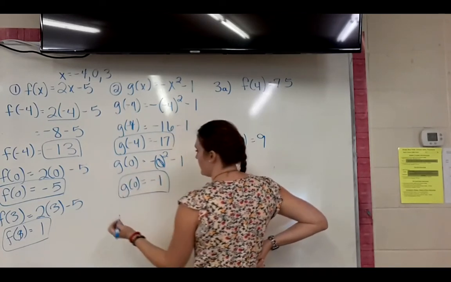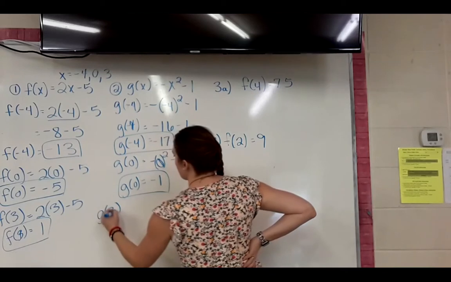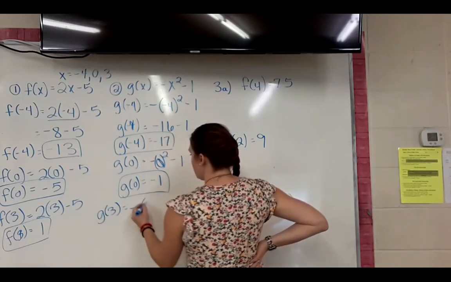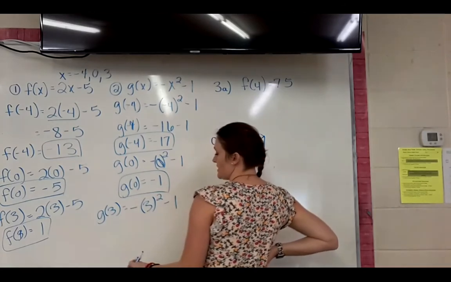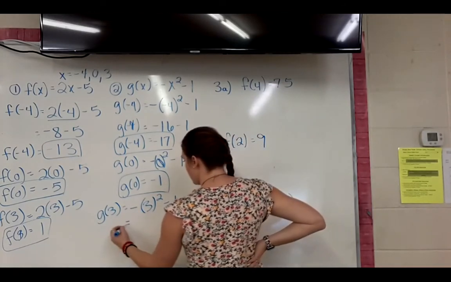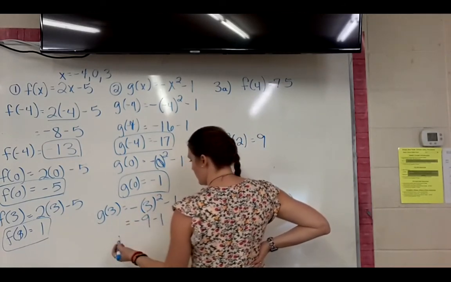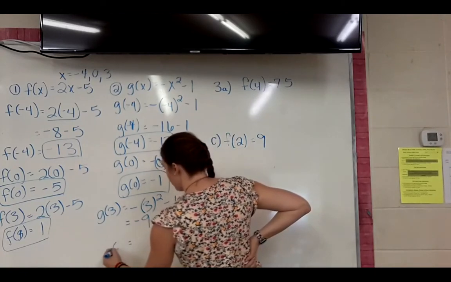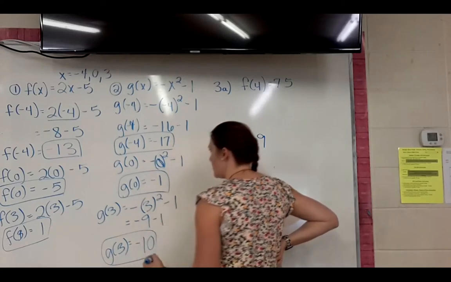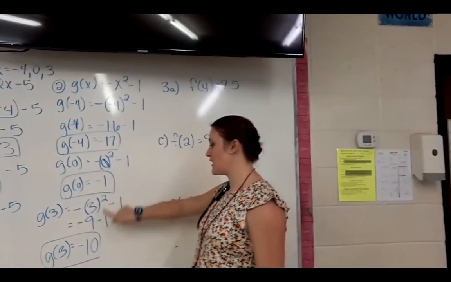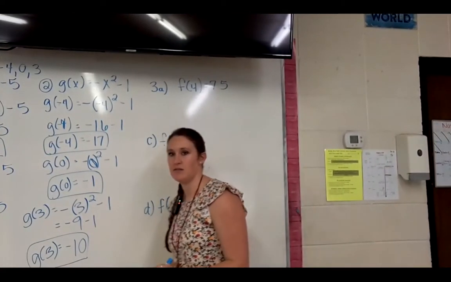And the last one, when we plug in 3, that negative stays there. 3 squared, 3 times 3 is 9. There is a negative there, so it is negative 9 minus 1 more. So g of 3 is negative 10. So for number 2, we got the values negative 17, negative 1, and negative 10.